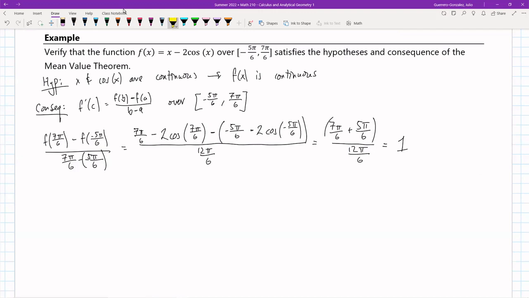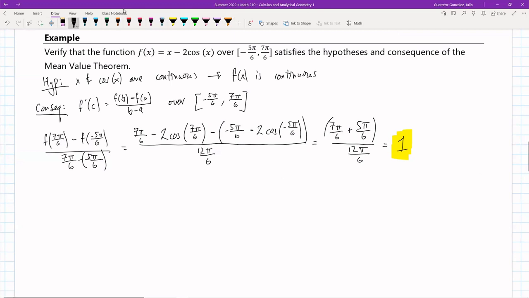So we found the slope of the line between the two endpoints, and that slope is 1. According to mean value theorem, there's got to be a value in here where if we take the derivative and plug in our c value, it's got to be equal to 1.